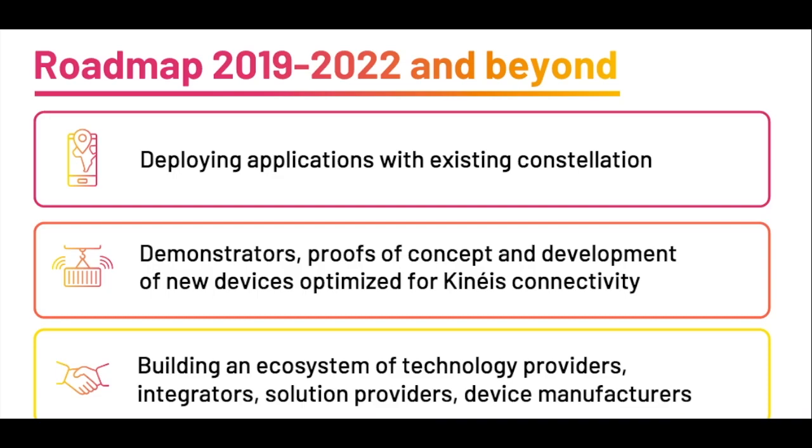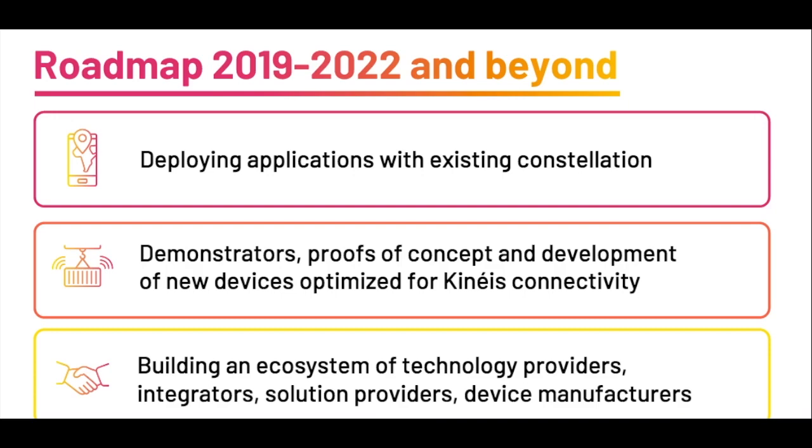So from now on, our roadmap, since we already have satellites, is to deploy a lot of applications with all our partners based on the existing constellation. And then we're starting to work with new partners to build demonstrators, proofs of concept, and start development of new devices that will be optimized for and ready for the Kinéis constellation when it arrives.